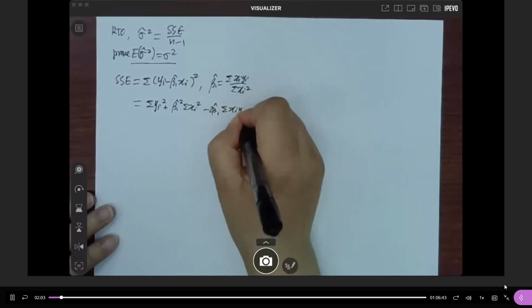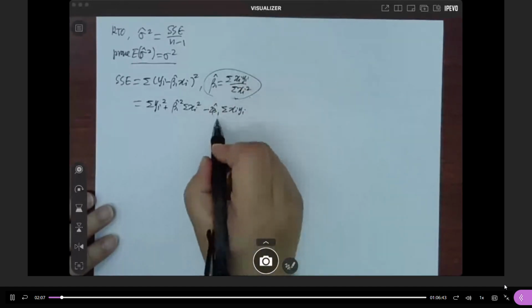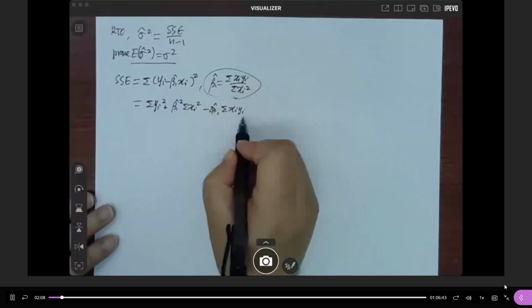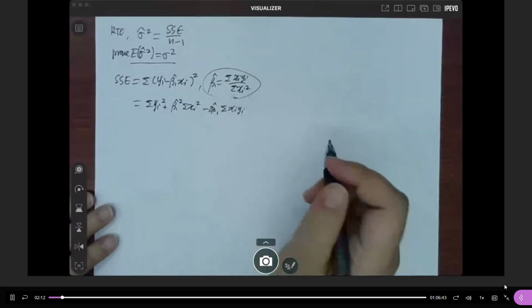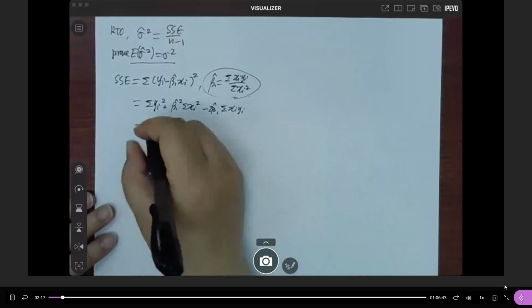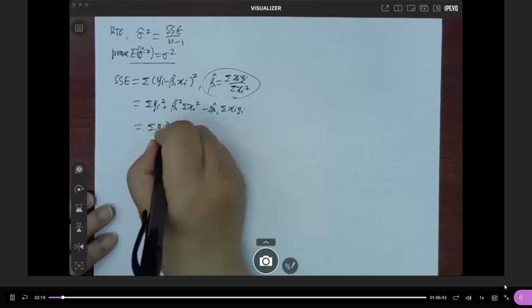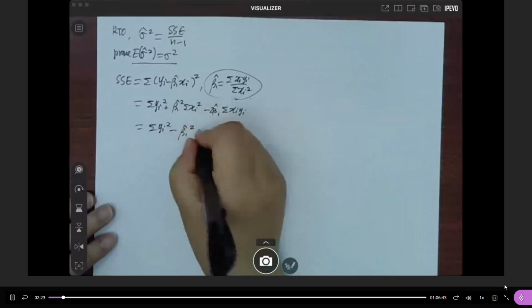But with this, we can figure out that beta 1 hat times summation xi yi is actually beta 1 hat squared times summation xi squared. So this becomes the first term, summation y squared, minus beta 1 hat squared summation xi squared.